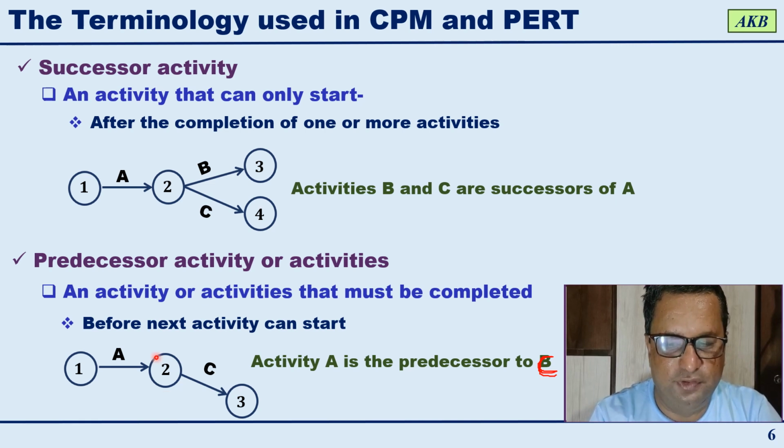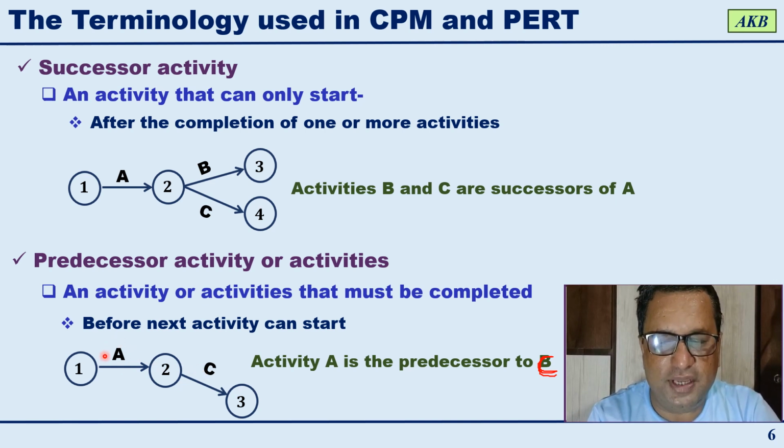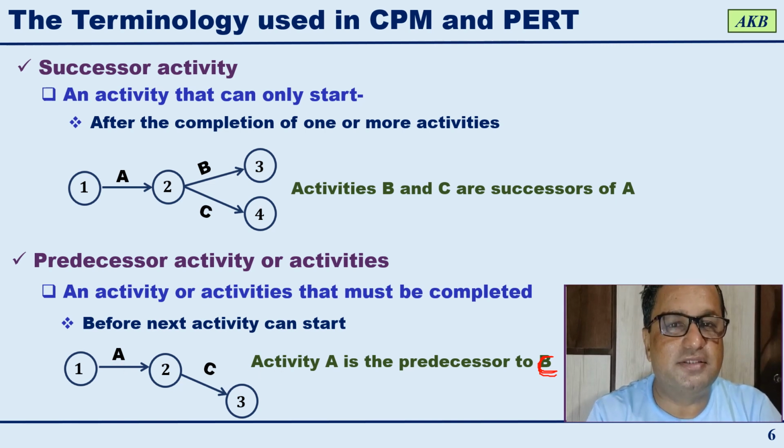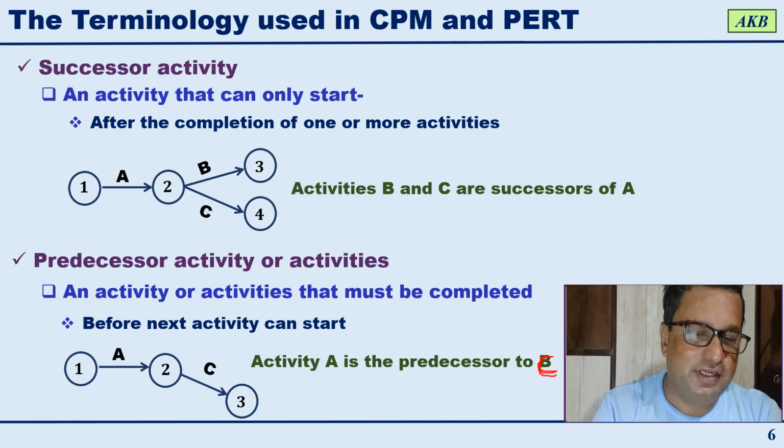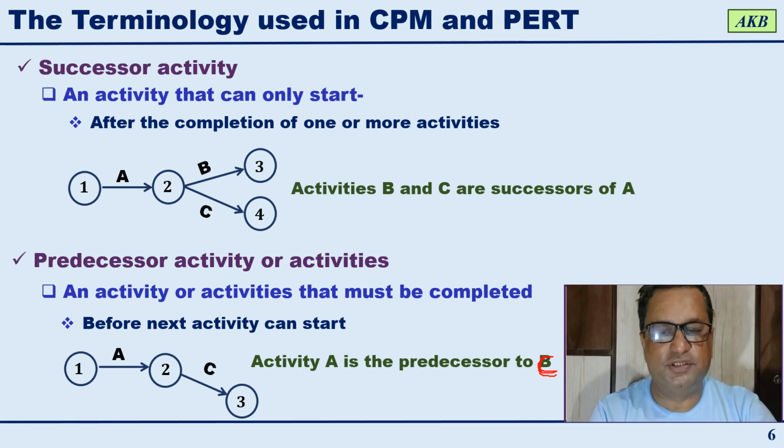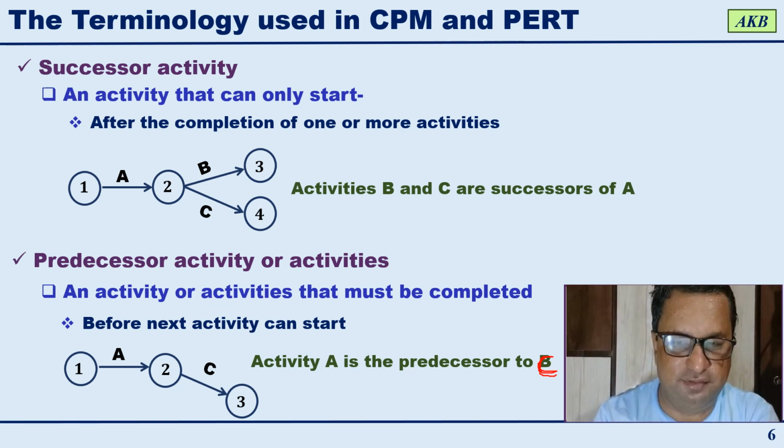If you look at the diagram, before you start activity C, activity A should be completed. In other words, activity C can only start after A gets completed, and that's why activity A is the predecessor activity of activity C. Okay, so this is how you can understand predecessor activity.